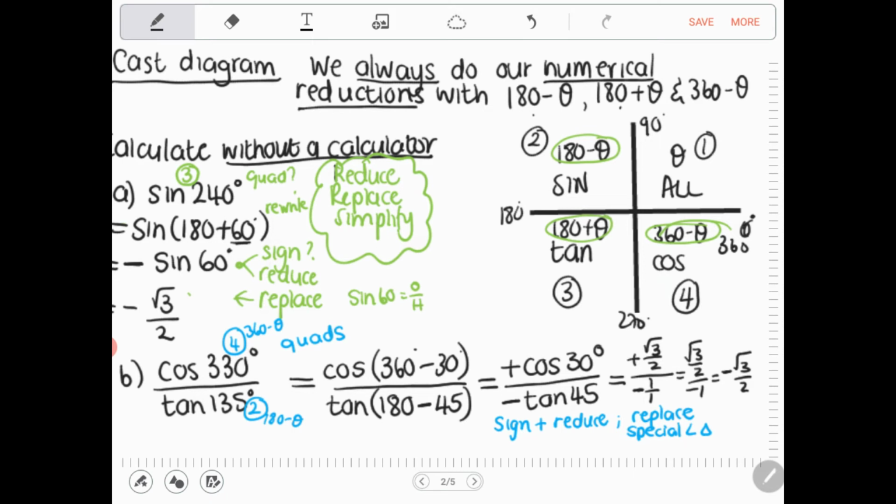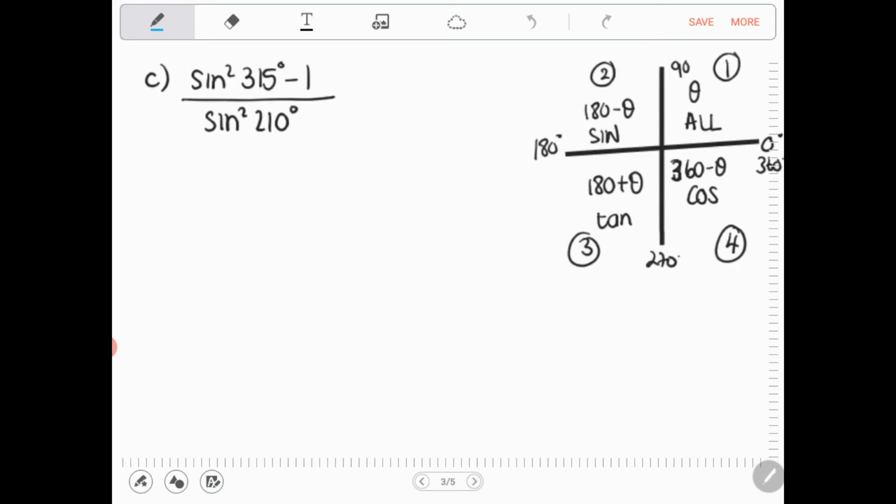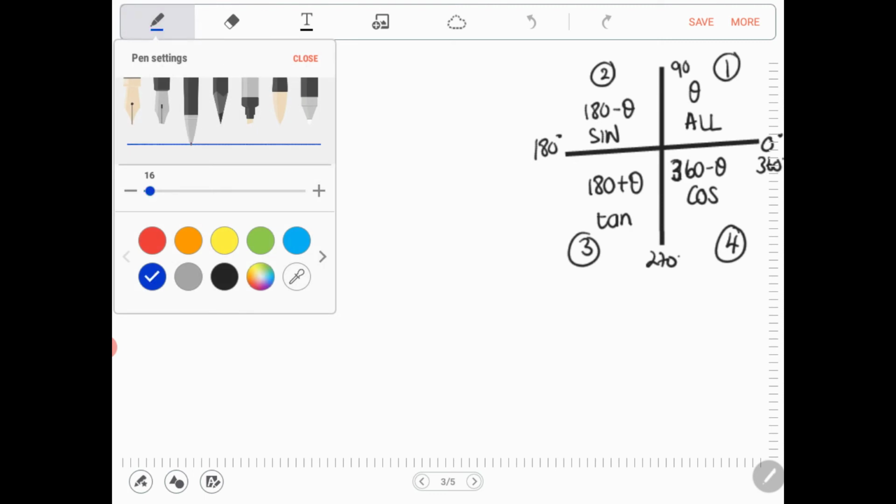Okay, so we've got identify the quadrants, rewrite them, do your sign and reduce, replace your special angles, and then simplify it at the end. So we need to add here, simplify. All right, let me just write all these rules down the side here.